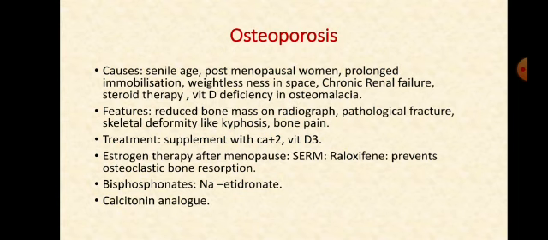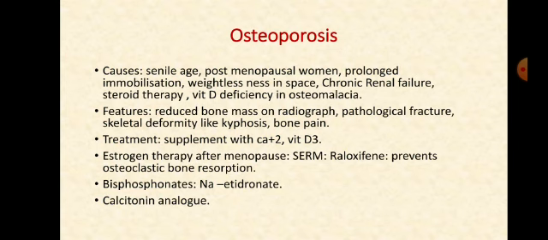Decreased bone density is the main feature, and we know that in the bone remodeling process throughout life, to replenish the wear and tear of bone in everyday life, bone formation and bone resorption continue to occur, exactly balanced throughout life. But in certain situations where bone resorption takes the upper hand over bone formation, obviously there occurs rarefaction and decreased bone density, giving rise to the scenario called osteoporosis.